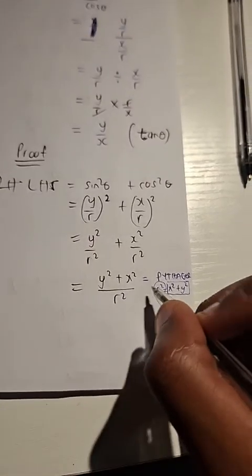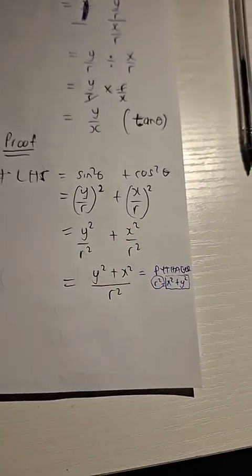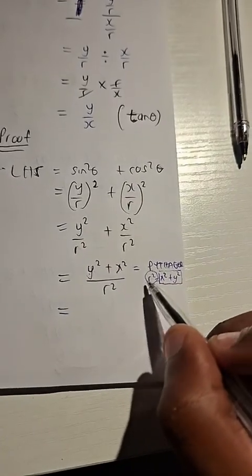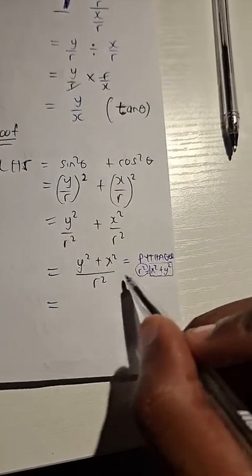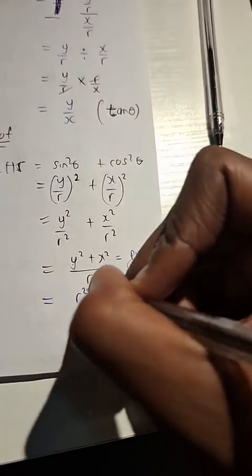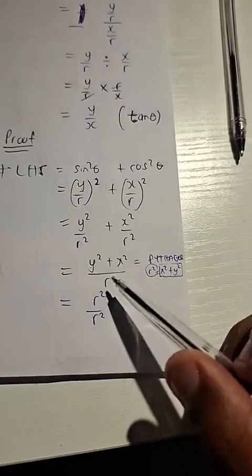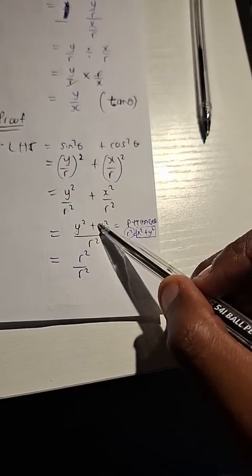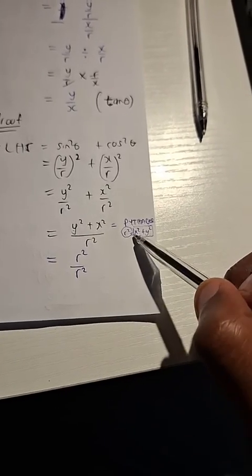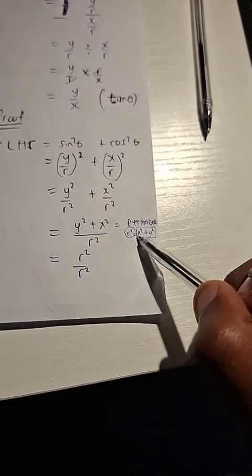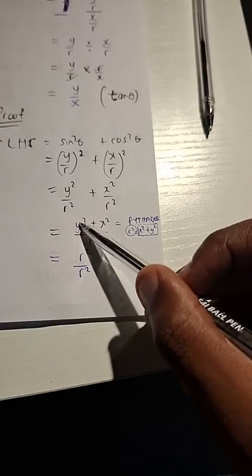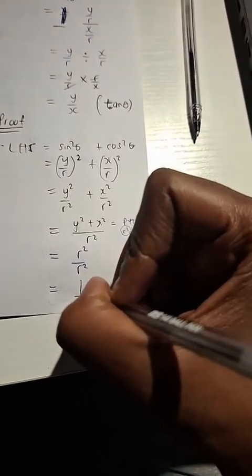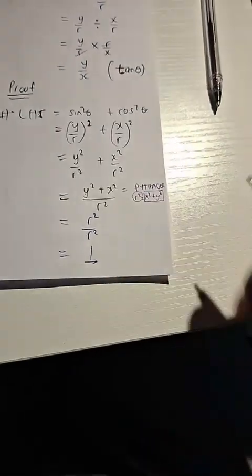Alright, so then y squared plus x squared, that's the x squared plus y squared, that is r squared, guys. Because of Pythagoras, we can replace x squared plus y squared with r squared. This is r squared at the numerator because of Pythagoras. What is r squared divided by r squared? It is 1, wasn't it?